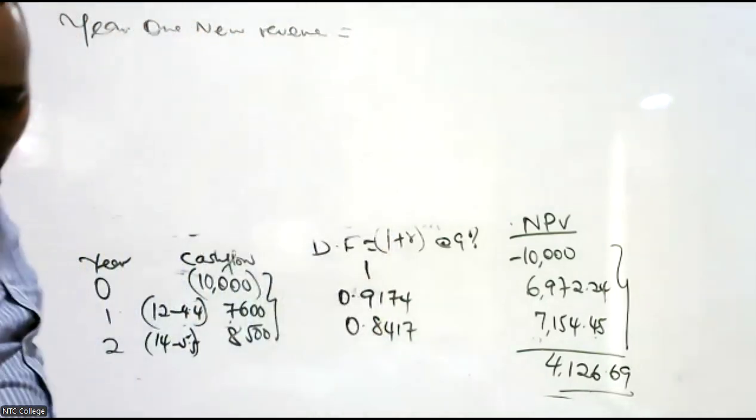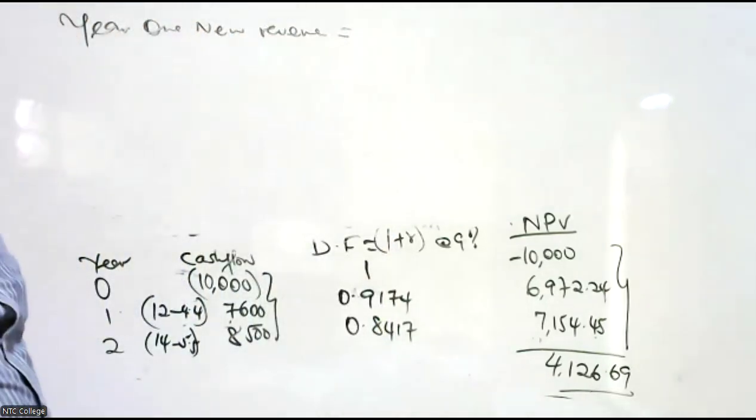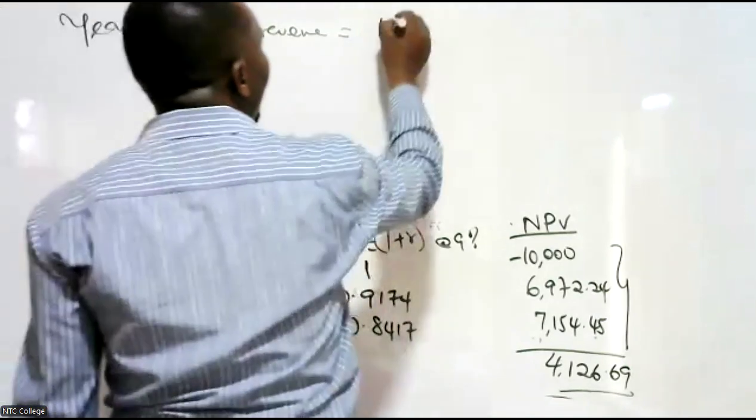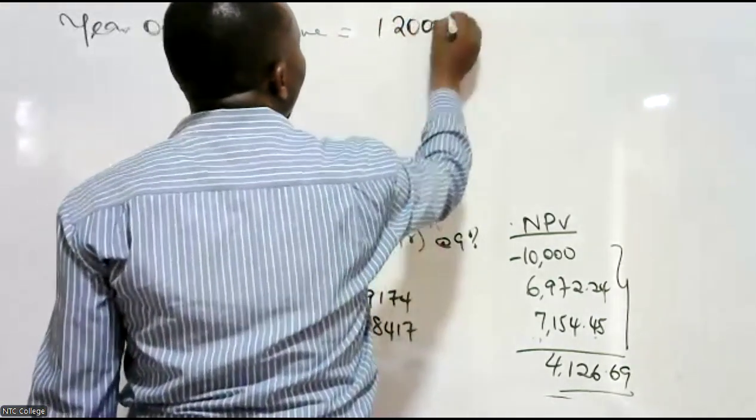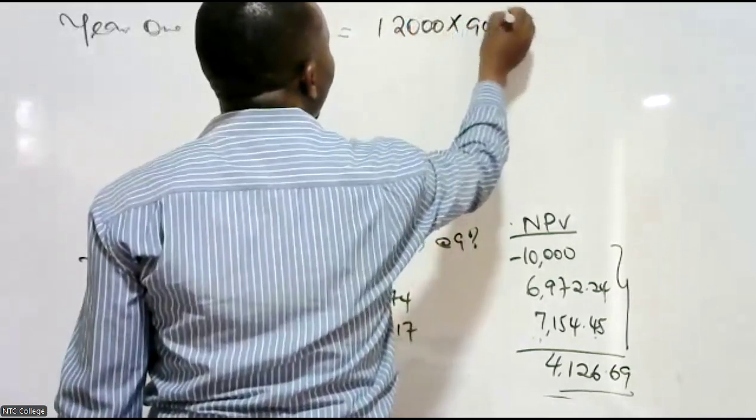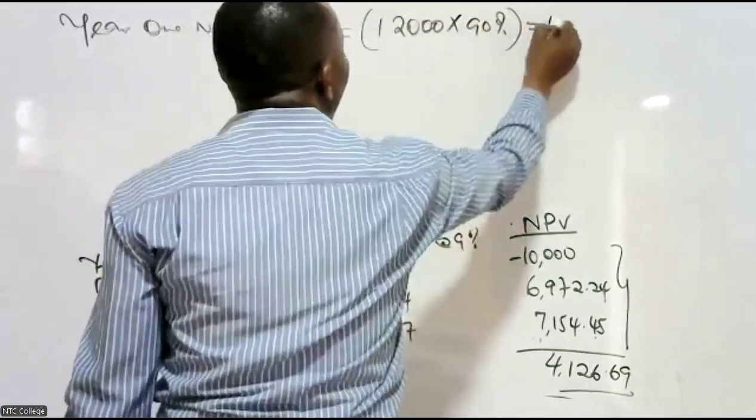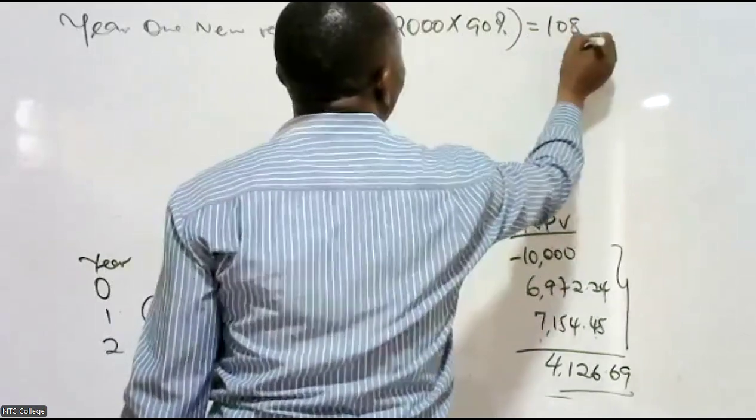Revenue for year one was 12,000. So if it is adversely affected, it means that it goes down by 10%. So we go to 12,000 times 90% because it has reduced by 10%. I think it is 10,800.